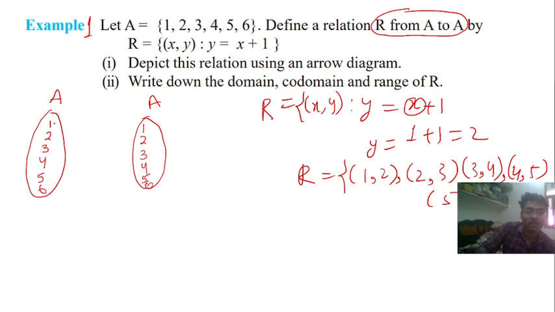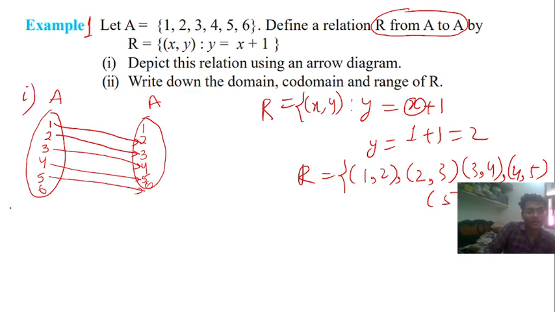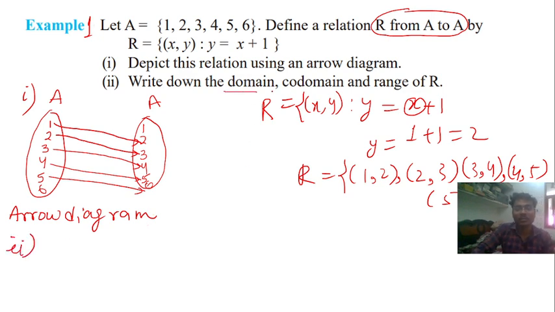Now we will draw the arrow diagram. 1 goes to 2, 2 goes to 3, 3 goes to 4, 4 goes to 5 and 5 goes to 6. So this is the answer of our first part, drawing the arrow diagram. Coming to the second part, they are saying write down the domain, codomain and range.